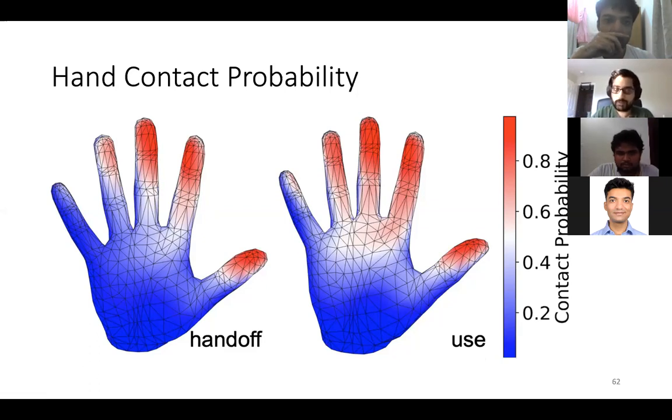A lot of people prefer to use their right hand more. You can see that contact is more distributed on the right hand. Sorry, no, this is for use and handoff, so maybe not very relevant. But we saw that a lot of people use their right hand more frequently than their left hand.